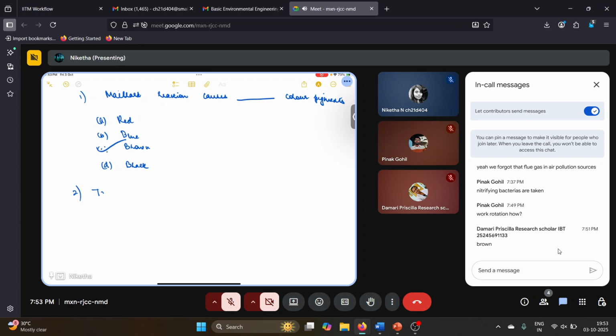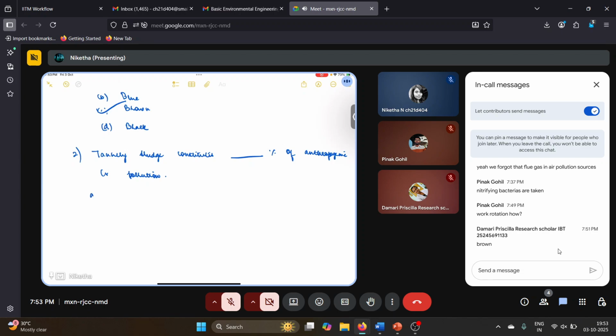Second one. So tannery sludge constitutes what percentage of anthropogenic chromium pollution?